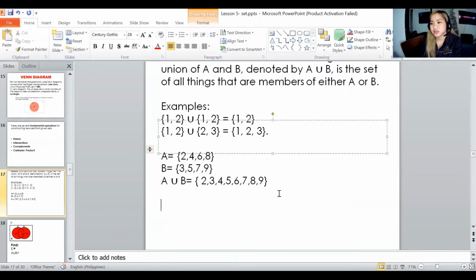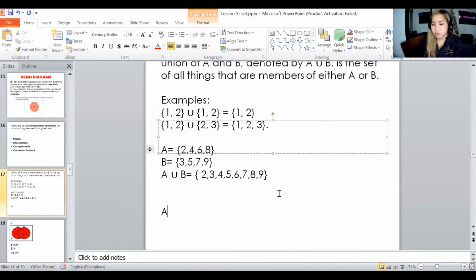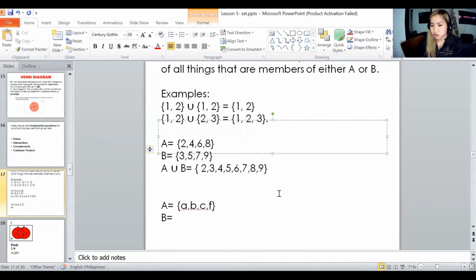Ayan. Another example. Set A is equal to A, B, C, F. Set B is equal to A lang. Ayan.